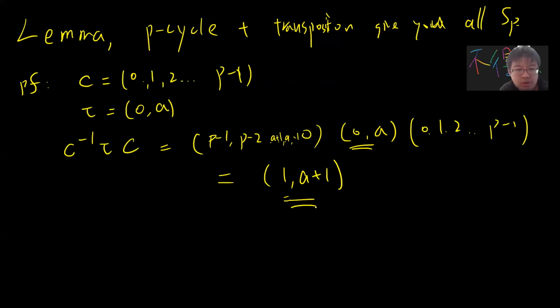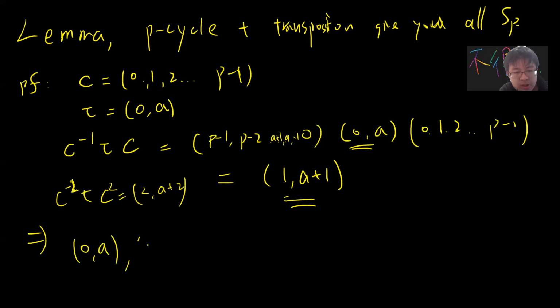So you can shift by 1. Basically, you can check that if you conjugate tau by c again, then you get, I think, 2A plus 2. So from this you can get (0 A), (0 2A), (0 3A).